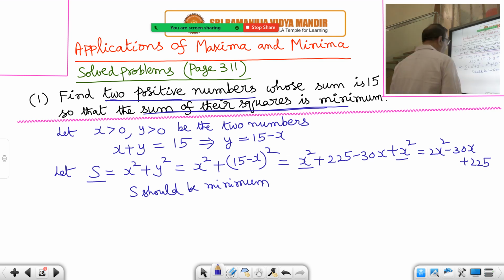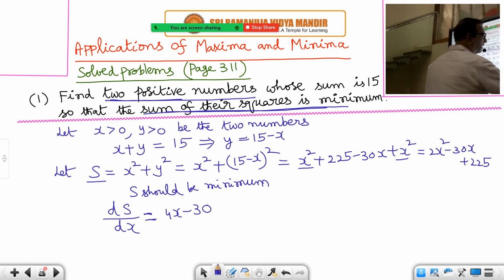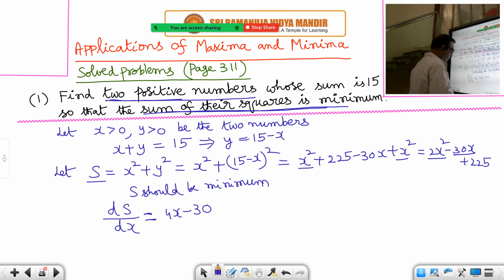Now Madhuri, tell me the derivative of s with respect to x. ds by dx is 4x minus 30. Correct. For 2x square the derivative is 4x, and for this it is minus 30.